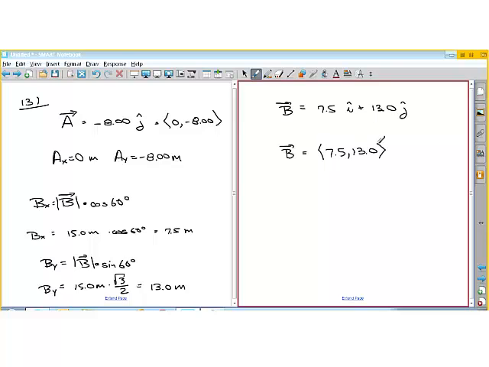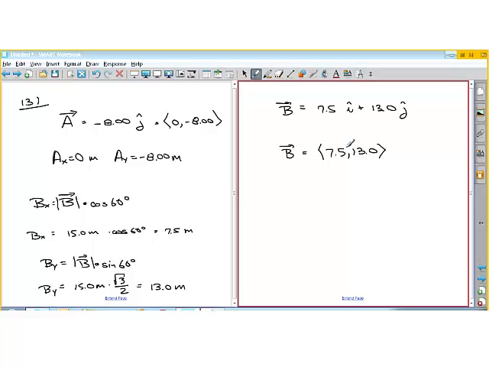So there are really 3 ways we can represent it. We can represent it by magnitude and direction, by stating the two components of the vector in the x and y directions in unit vector notation, or we can show it as a vector coordinate pair.